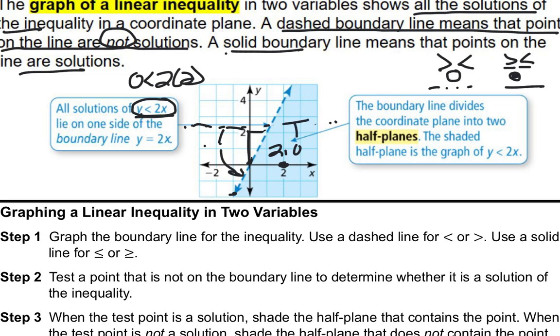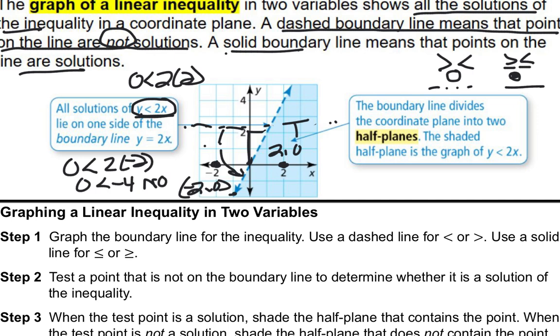So it's a solution. What if I picked this point, (negative 2, 0)? If I plug it in, 0 less than 2 times negative 2, so is 0 less than negative 4? Well, no, it's not. So this point's not a solution.